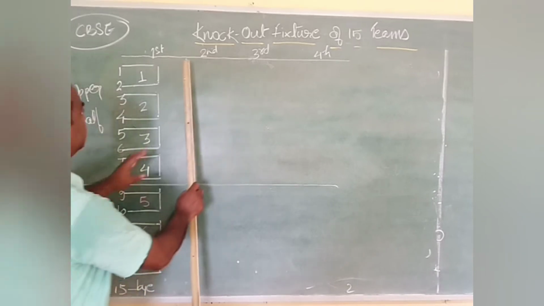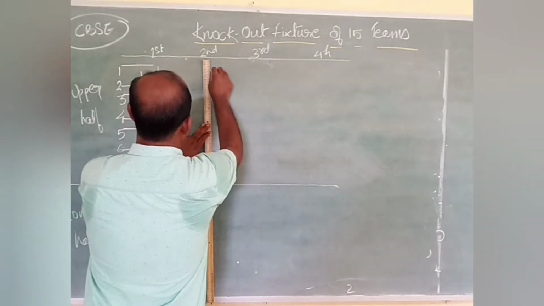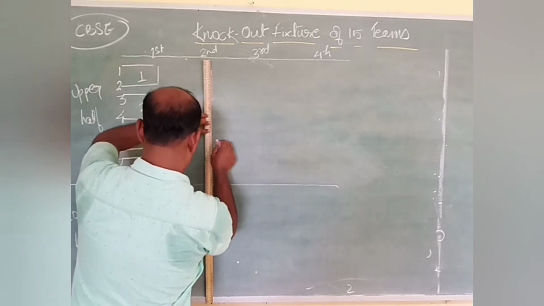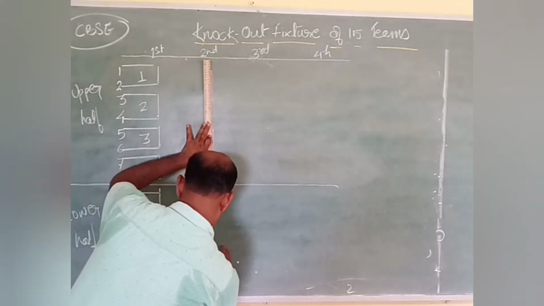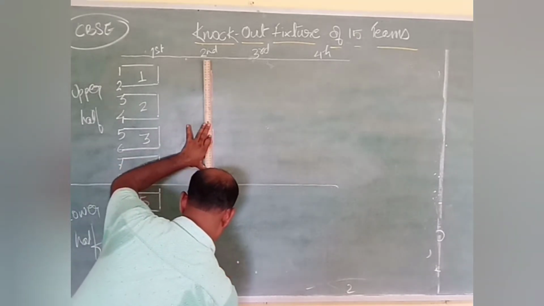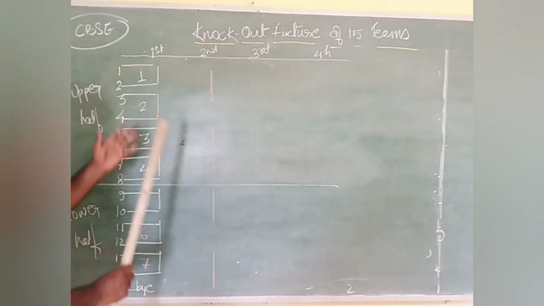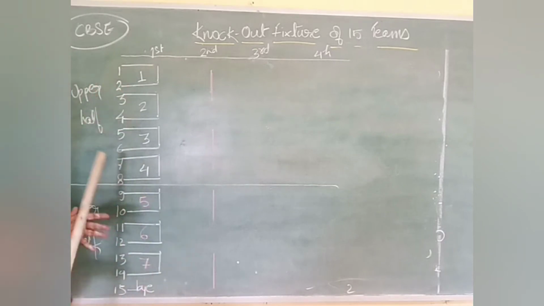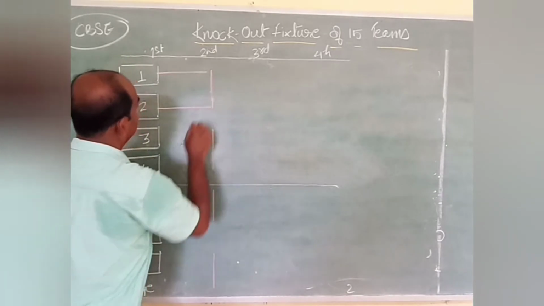Next, I will again use the scale. Now the winner of 1 and 2 and the winner of 3 and 4 come out for the second round.